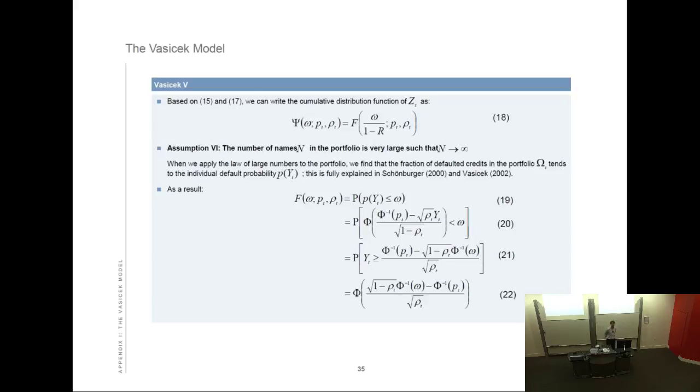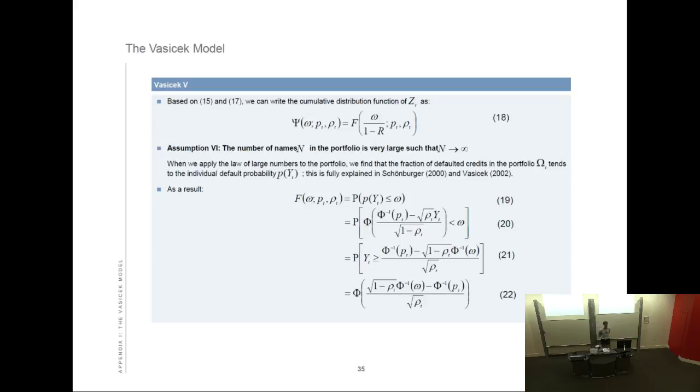But essentially, by the law of large numbers, the more names you have in a portfolio, the more the law of large numbers should apply, so the proportion of names that are defaulted should just become the probability of them defaulting given your market factor at any point in time.